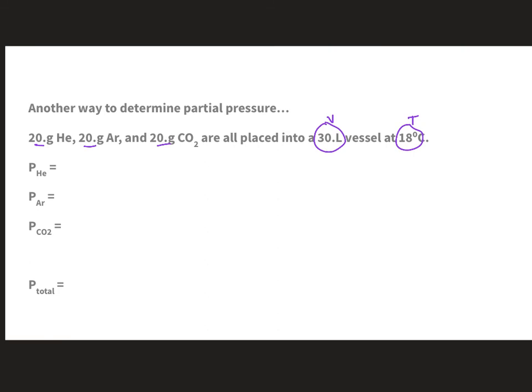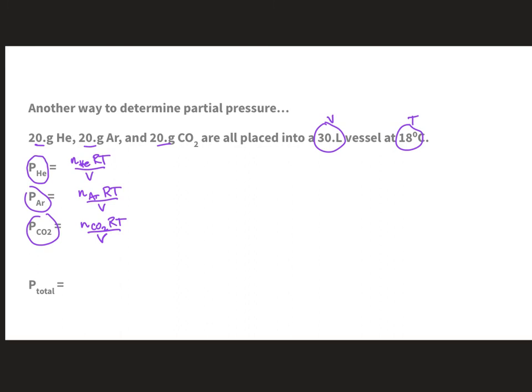If I want to calculate the pressure of only the helium, then when I set up my PV = nRT equation, I should be using moles of helium, RT over V, and that will get me the pressure of the helium. If I'm looking for pressure of argon, I should set up the equation with moles argon RT over V. And if I'm looking for pressure of CO2, set up moles of CO2 RT over V. And that allows me to find the partial pressures of each individual gas.